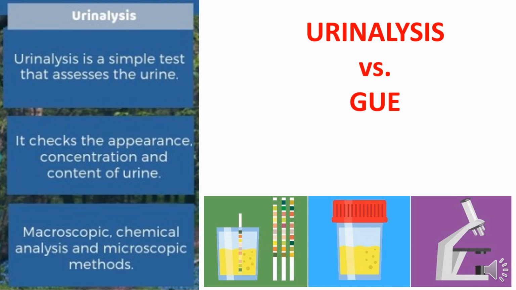It checks the appearance, concentration, and content of the urine. There are macroscopic, chemical analysis, and microscopic methods. Different benefits are obtained from urinalysis as an initial non-invasive investigation regarding renal diseases.